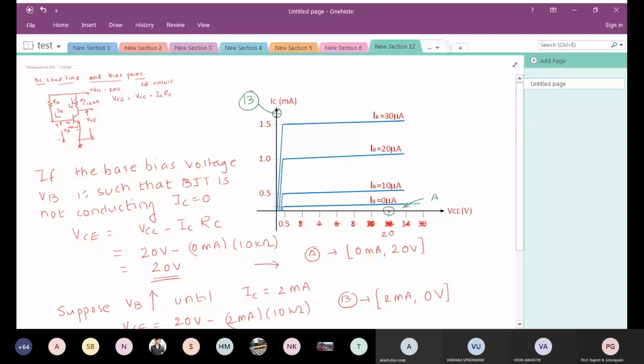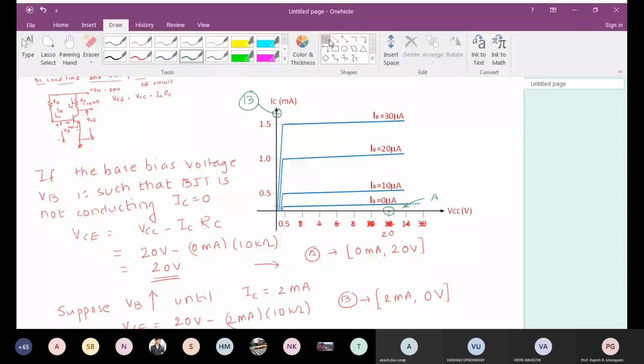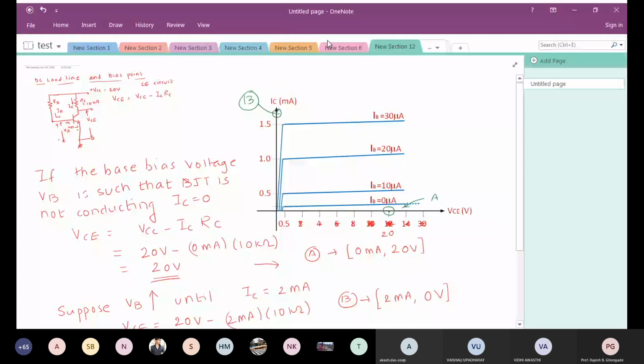So this will be 2 milliamperes. Now I have got 2 points. What I can do is draw a straight line joining these 2 points, and this happens to be my load line. Of course, this is the DC load line.